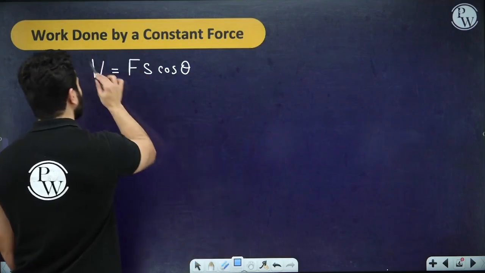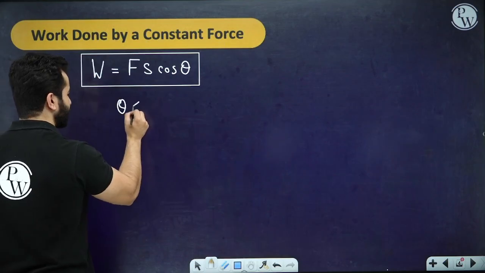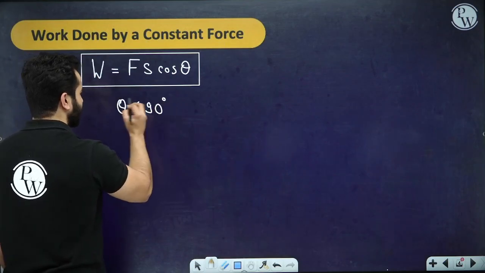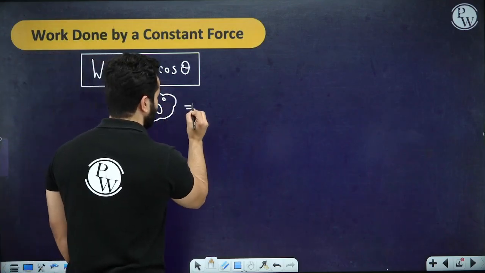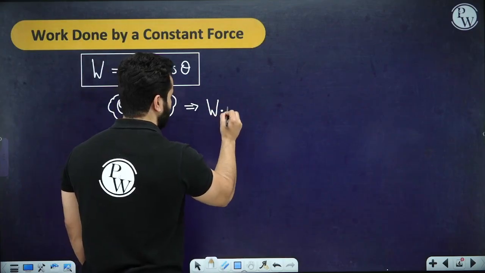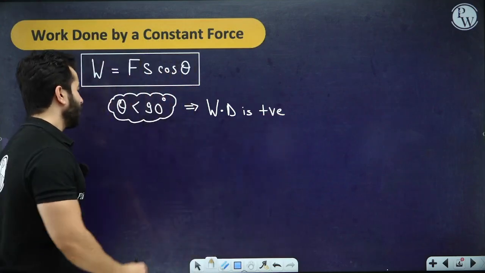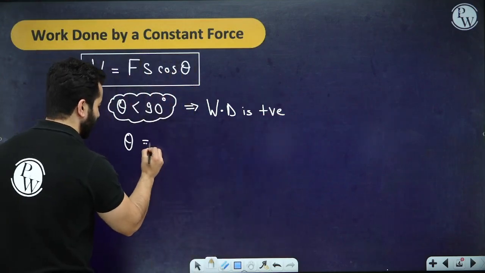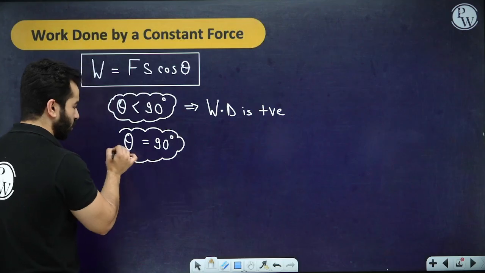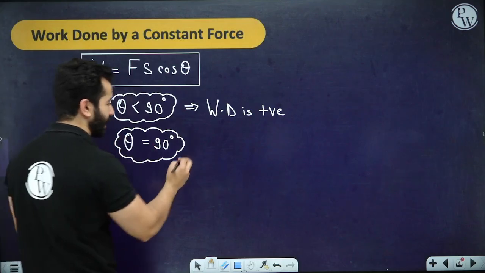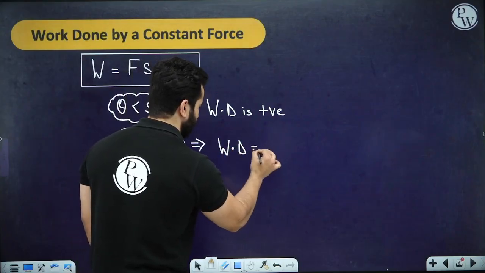So the most simple thing, you have done these things in grade 9th as well. If theta is less than 90 degree, then in this case we say that work done is positive, right? If theta is equal to 90 degree, and this is an important thing because we are going to talk about many cases where the angle is 90 degree, then we say that work done by the force is 0.